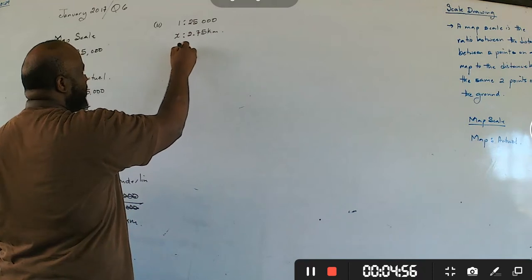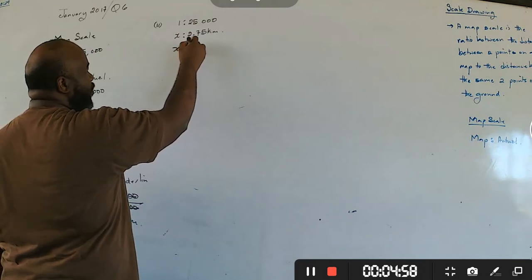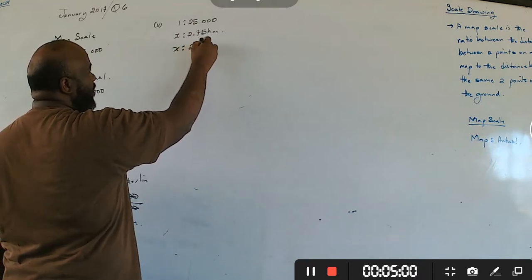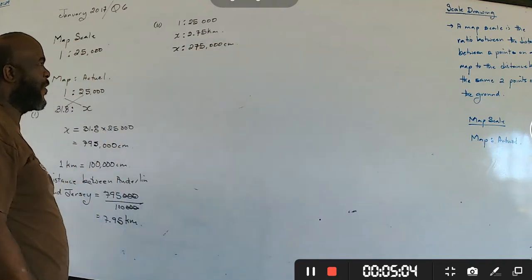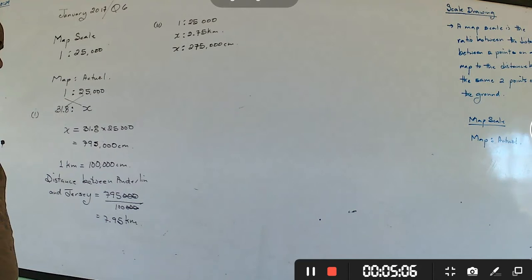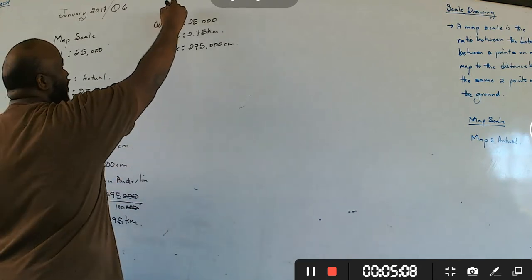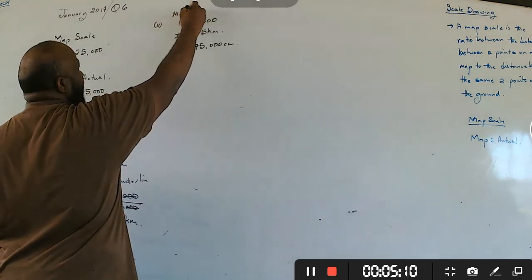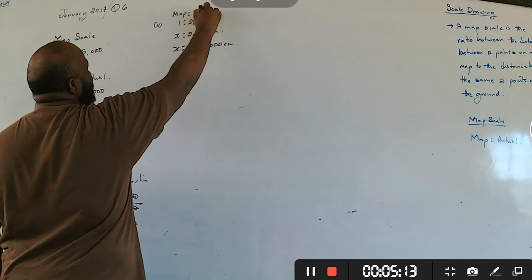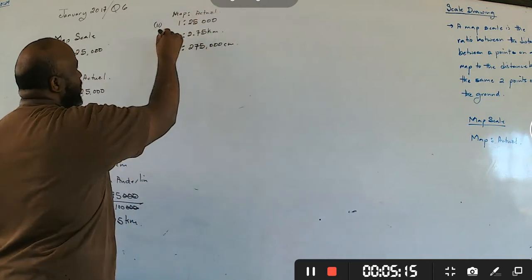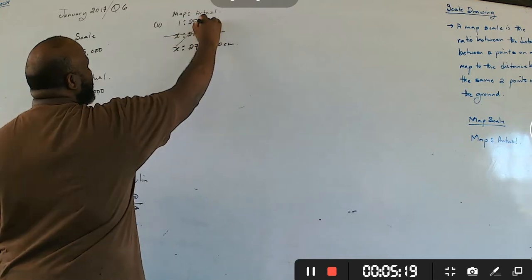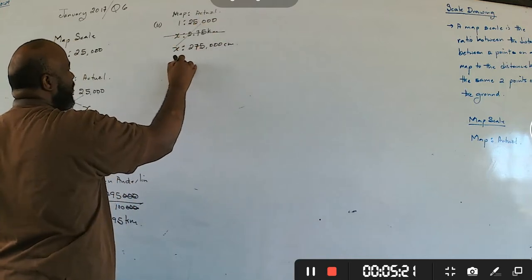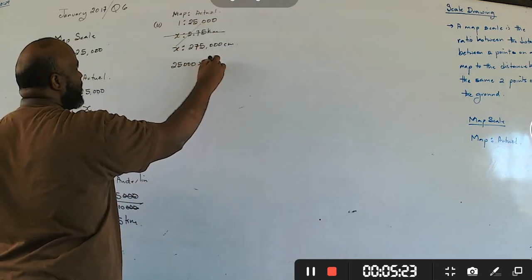So this is X to 275,000 centimeters over 25,000. Are you with me? So this is map, and this is actual. Then I'm going to cross multiply. This times this is 25,000 x.